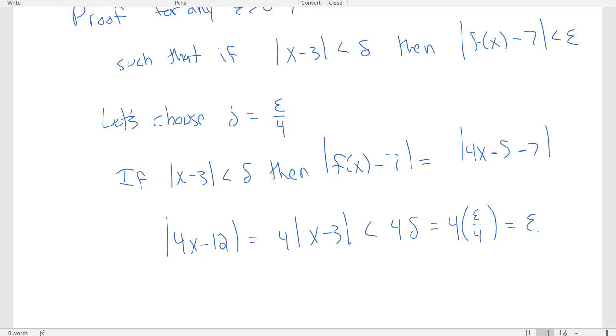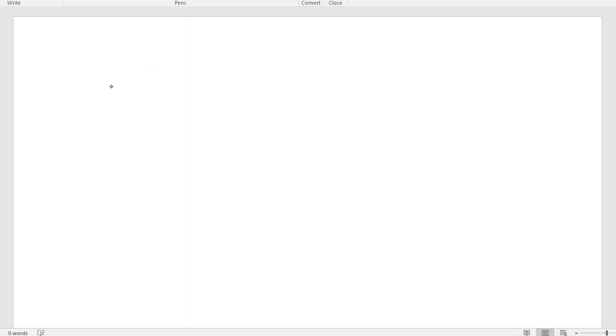In other words, if |x minus 3| is less than some arbitrary distance delta, then |f(x) minus 7| will be within some arbitrary distance epsilon. Then we summarize this so that we show we have satisfied the definition. Therefore, if x is within some arbitrary distance delta of 3, then we have just shown that f(x) is within some arbitrary distance epsilon of 7.